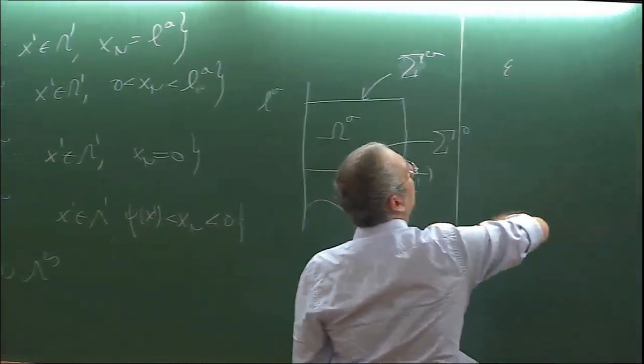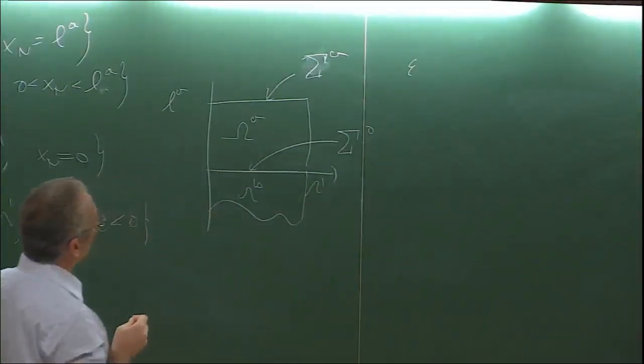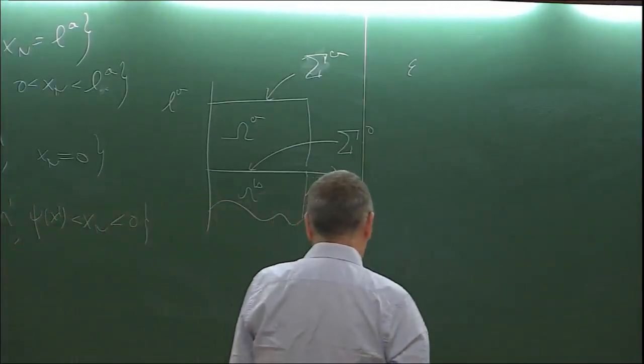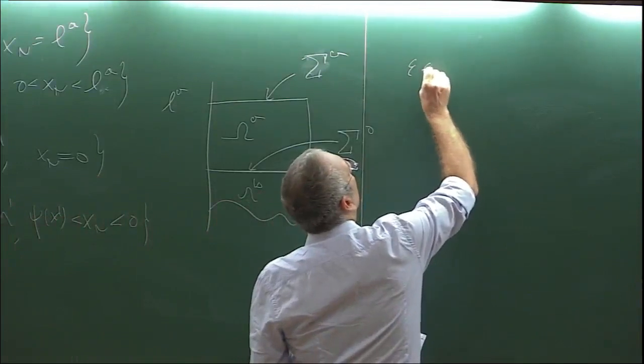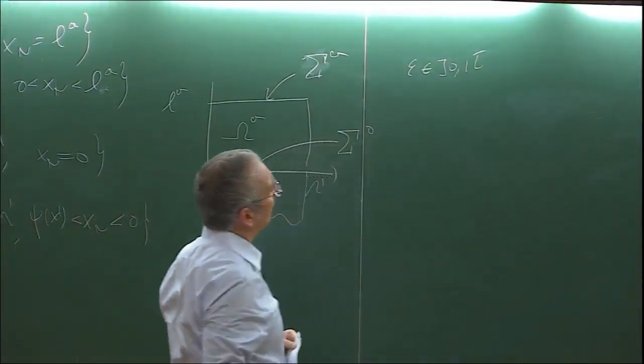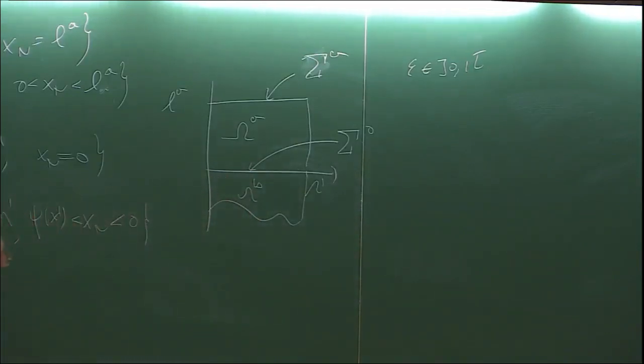Now let us introduce the domain with oscillating boundary. With epsilon, a positive parameter taking values in a vanishing sequence. Okay?